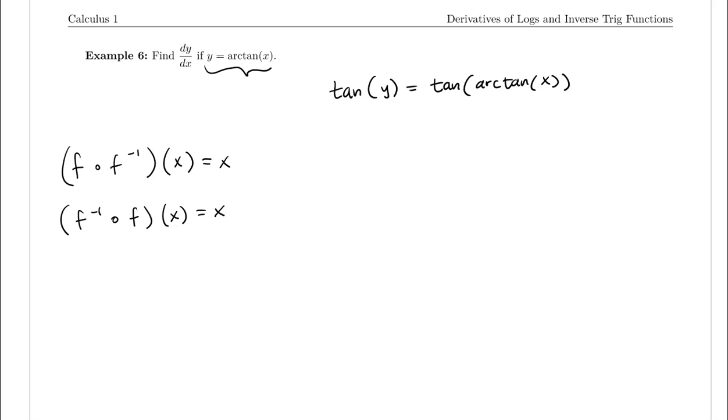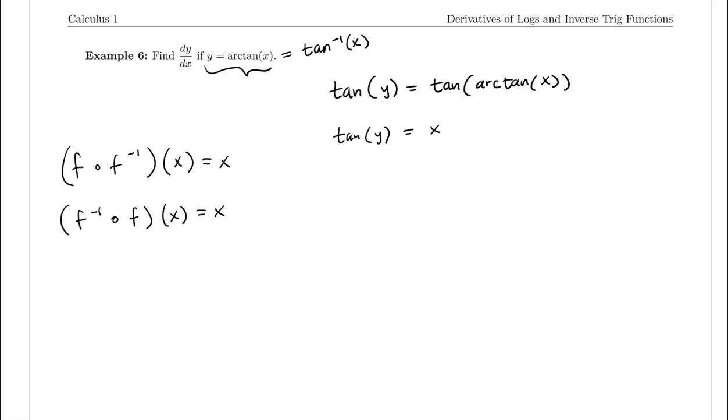And so why am I saying that? Well, tangent and arctangent are inverse functions of each other. And remember arctangent, another way that we could write that is tangent inverse of x. That is not an exponent. It is just the notation for inverse trig. So now at this stage, we have tangent of y is equal to x. And from here, we can use implicit differentiation.